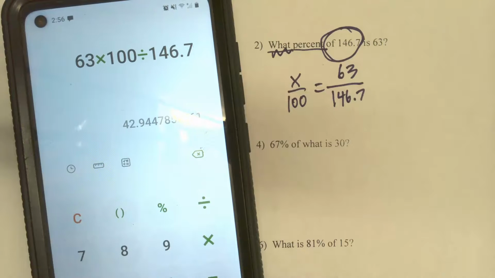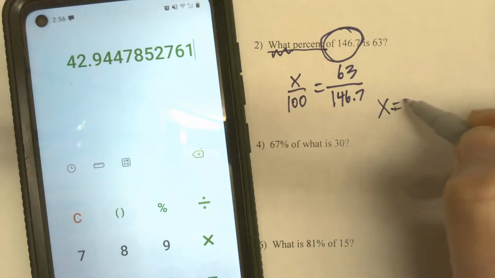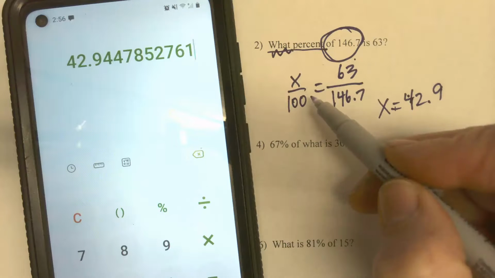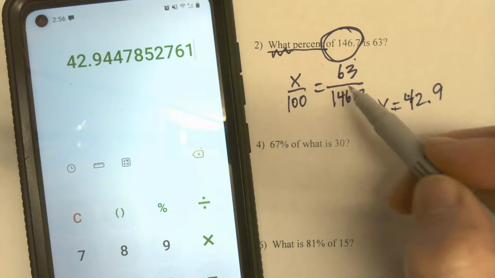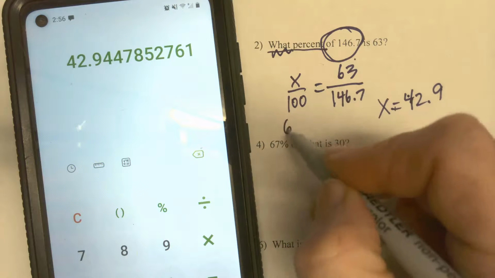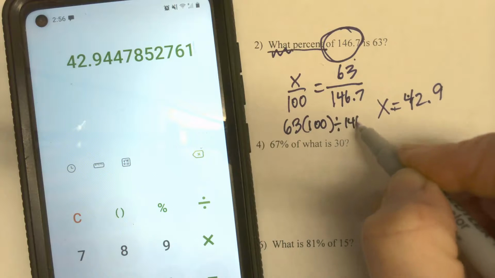A lot of times people ask me, well, how do I know which ones I multiply and which ones I divide? We'll call this 42.9. Remember, the two numbers that are diagonal get multiplied. The one that's across from the letter will be the one you divide by. So this would be 63 times 100 divided by 146.7.